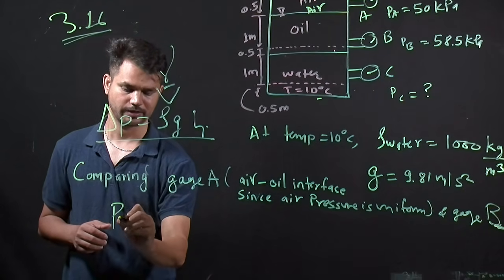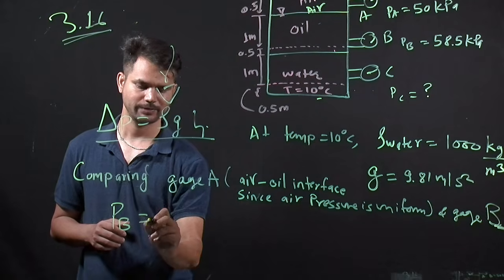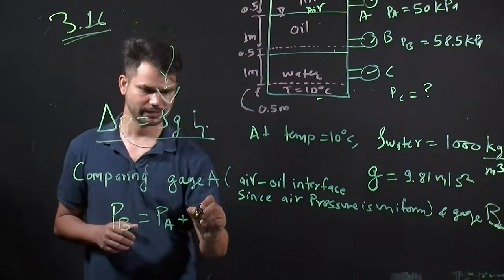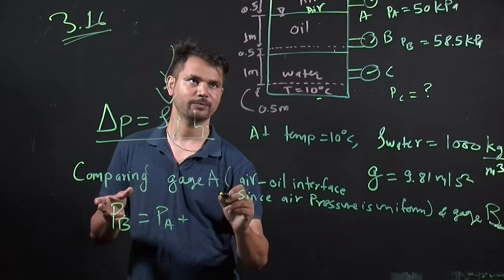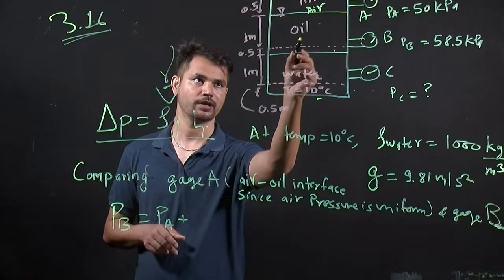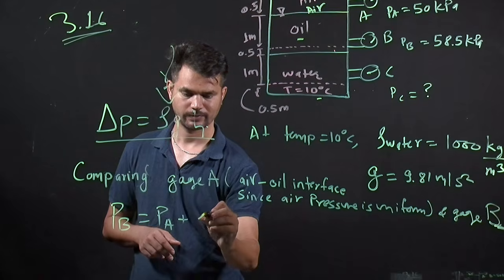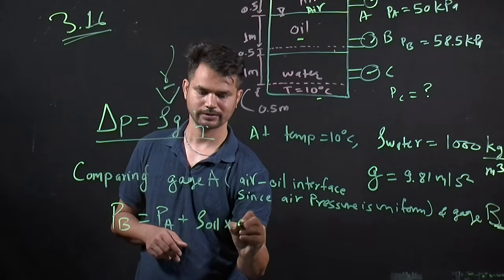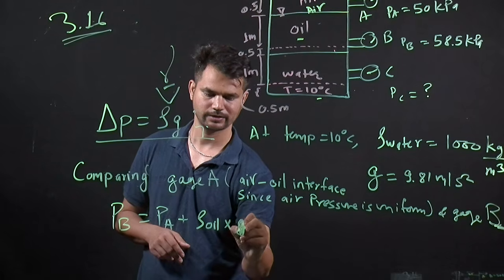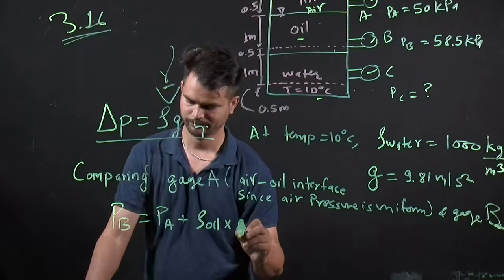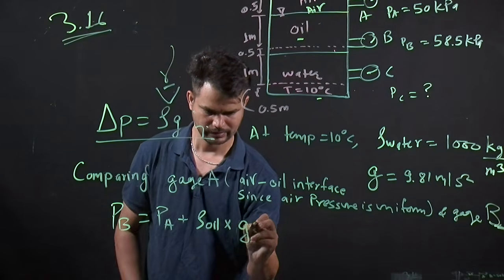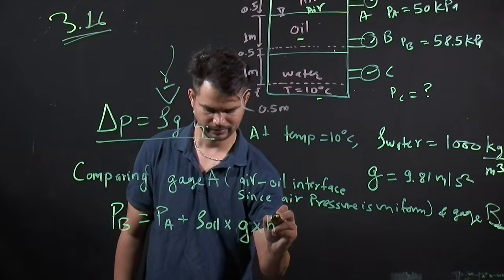This will give us PB is equal to PA plus rho G H. So we will be computing rho of this oil, rho oil times G, G is constant, G into H.